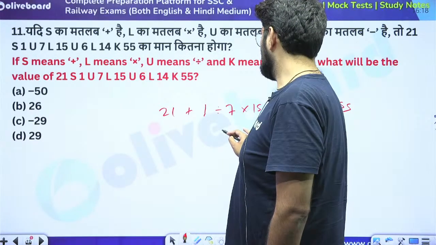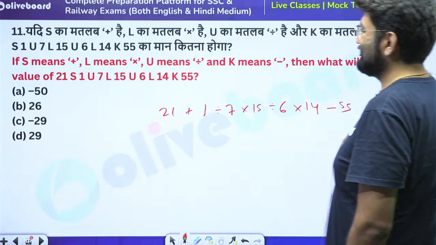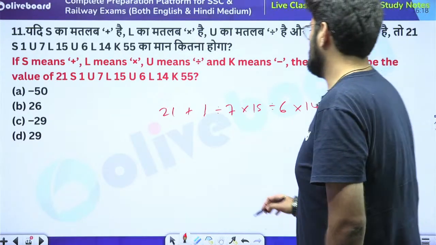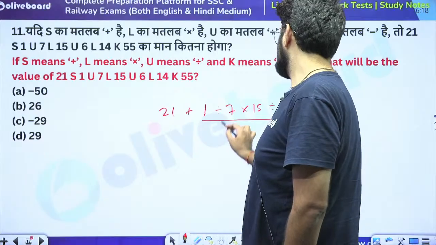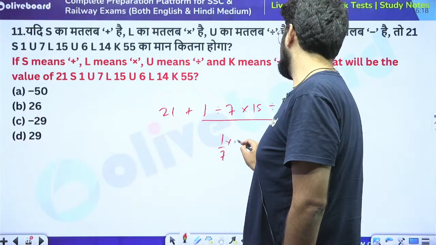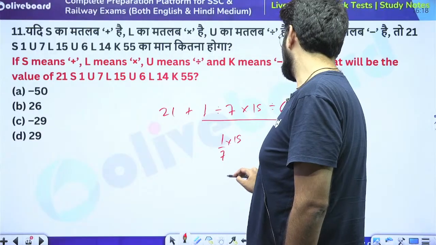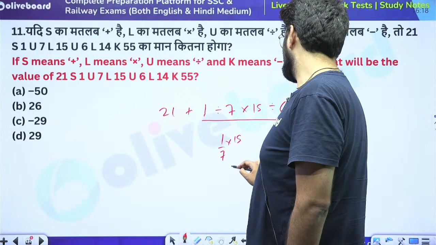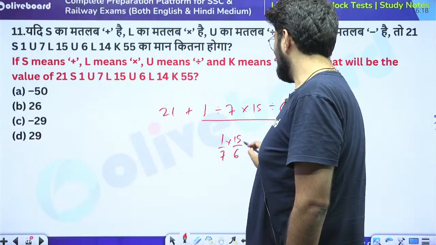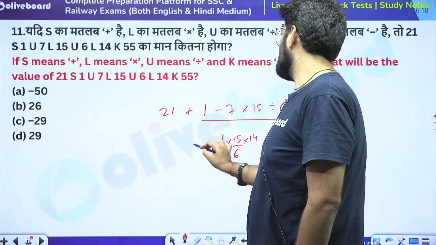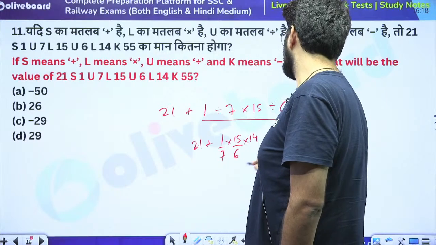Divided by 7. 1 divided by 7 into 15. That is 15 by 7 divided by 6 divided by 6 into 14 plus 21 minus 55.